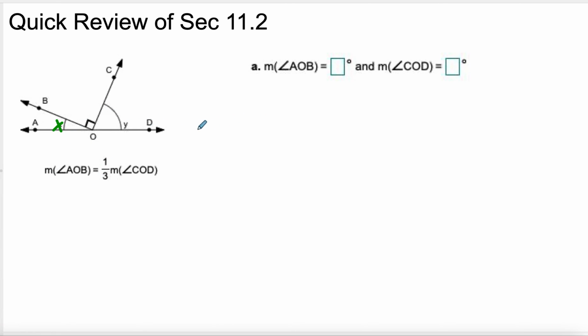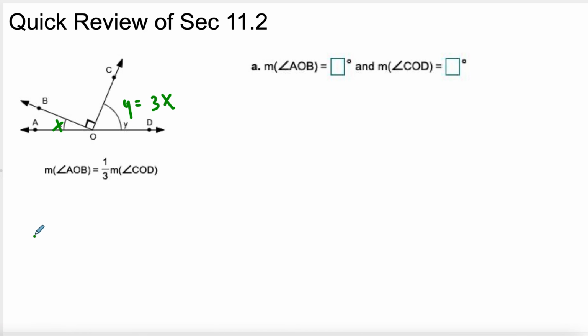So you can use either way, okay? I can use the measure of angle AOB as x, and y can then be 3 times x, right? And we also know that this is perpendicular, and we have a 90-degree angle, and this is a straight angle, which is a 180-degree angle. And we also know the angle addition postulate. So if you add the measure of angle AOB, the measure of angle BOC, and the measure of angle COD together, you're going to get 180 degrees.